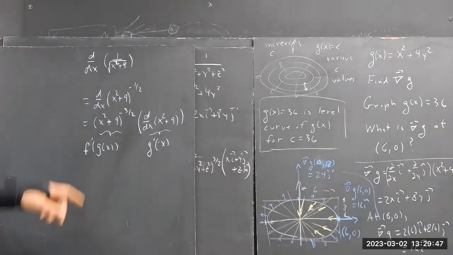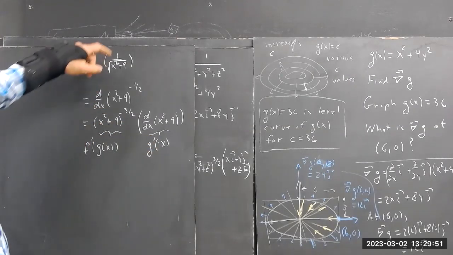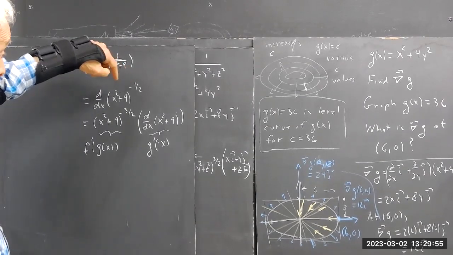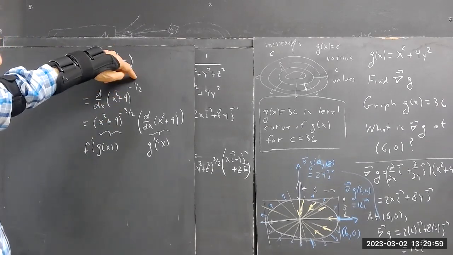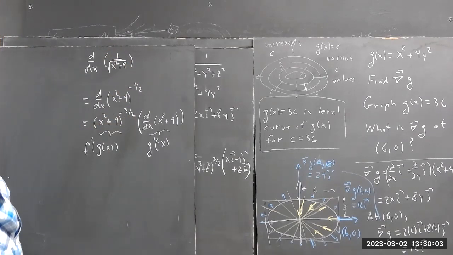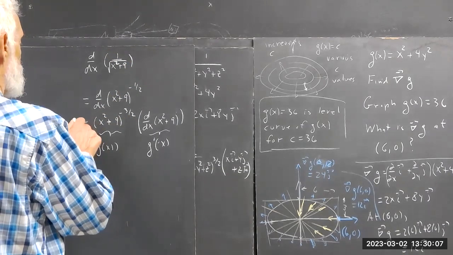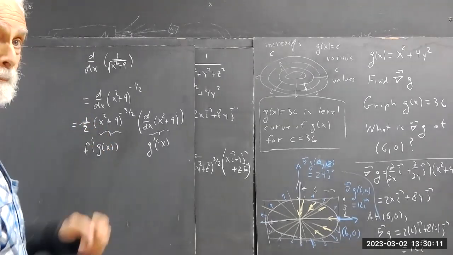You see this as a composite function: the negative 1/2 power with the x squared plus 9 function. You do the derivative of the negative 1/2 power, which is going to be negative 3/2 power, and I can screw that up because I should have had a negative 1/2.